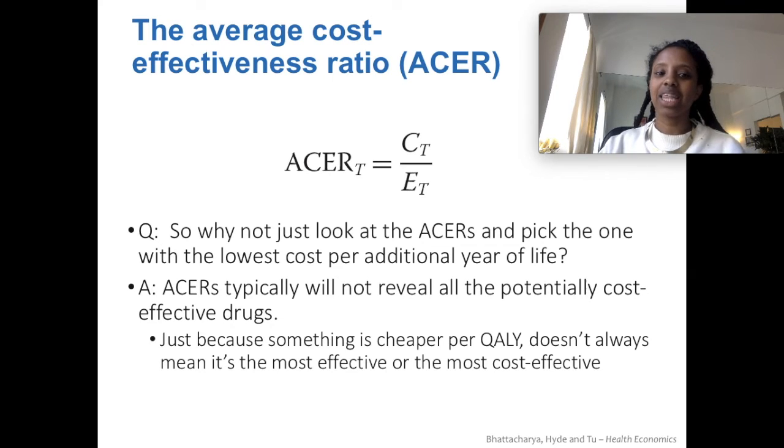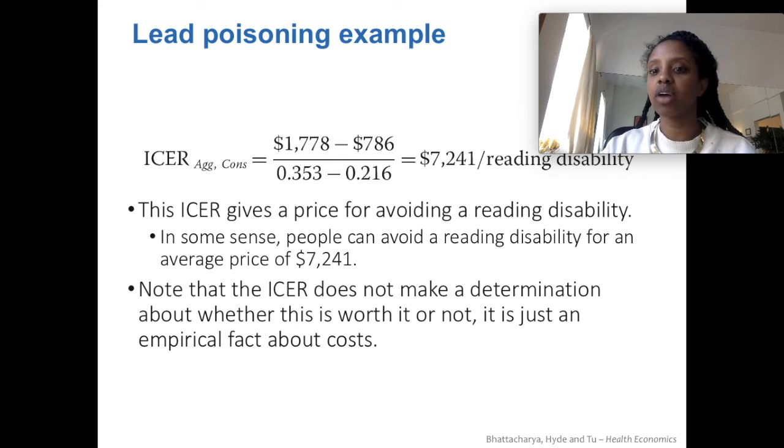But the average cost effectiveness ratio does tell you which one is the cheapest way of doing it, but it doesn't necessarily point out that some of them are a little bit more expensive, but they also might be more effective in practice. So just because something is cheaper per life year doesn't necessarily mean it's the most effective or even the most cost-effective route. So we have the ACER, we also have the ICER, and the ICER is kind of used more frequently in practice.